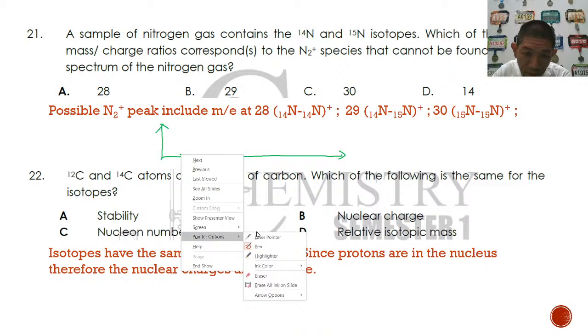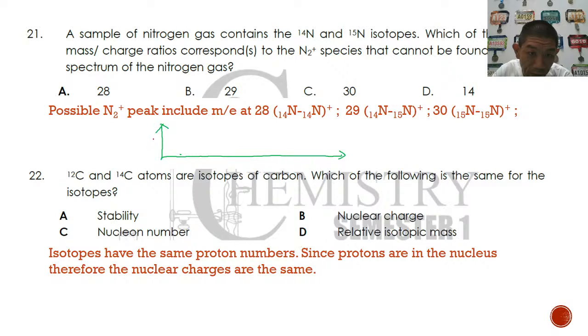At first you shall have 14 and 15 that represent the mass spectrum of the nitrogen, N-14+ and N-15+.